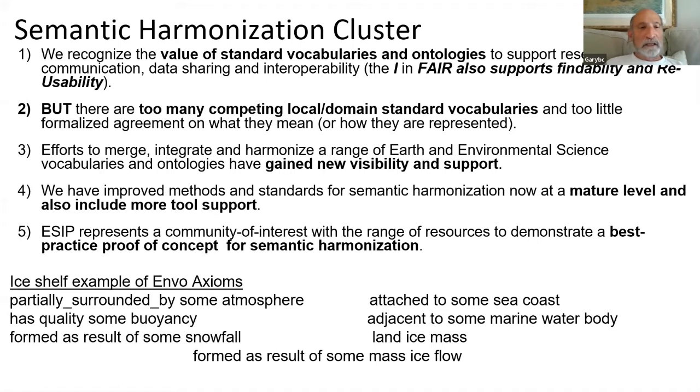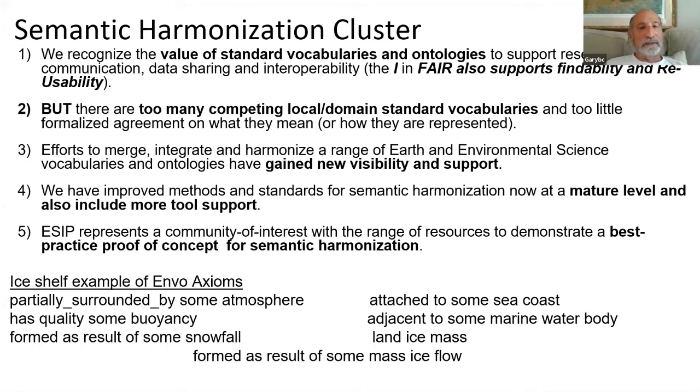The last thing on the diagram is an example from the effort using some harmonized vocabularies that Ruth Doerr worked on. We have been incorporating some of those definitions into things like SWEET and ENVO. This is one particular example, so you have an idea about what the meaning of ice shelf might be and the axioms that support the definition of that.